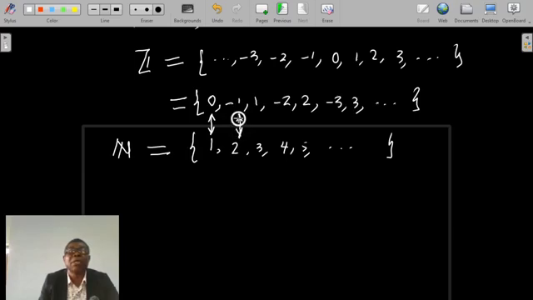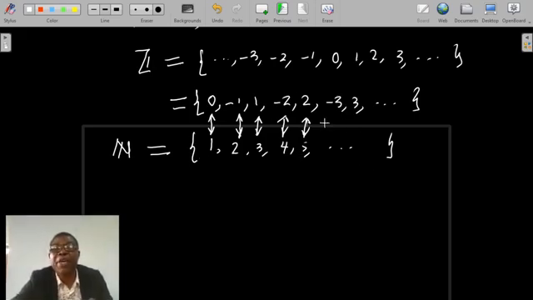This what I'm doing right now pictorially establishes a one-to-one correspondence between the set of natural numbers and the set of integers. And therefore, the set of integers is countable. To see this clearly, this particular scenario I've painted here can be depicted as follows. The following map captures what I'm talking about here.